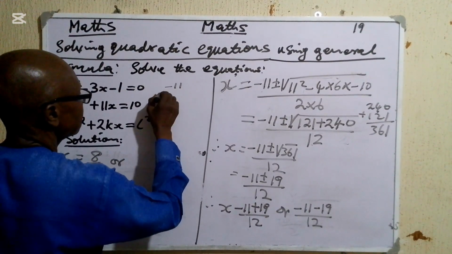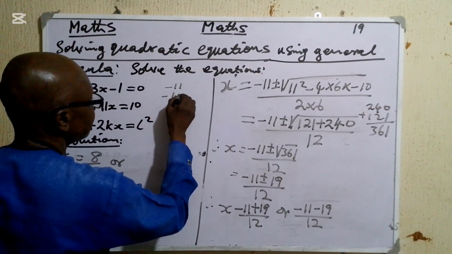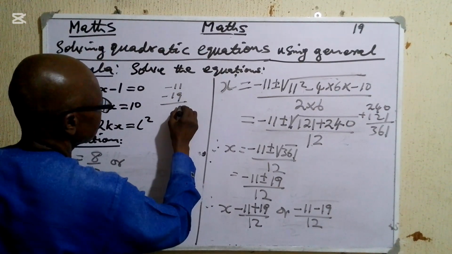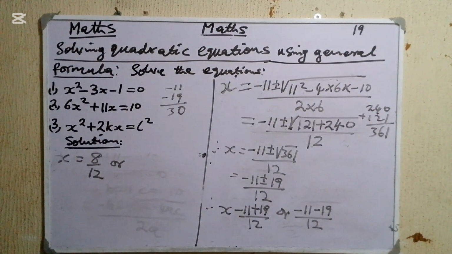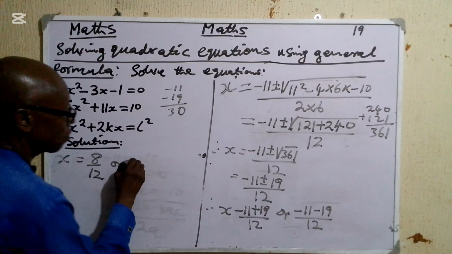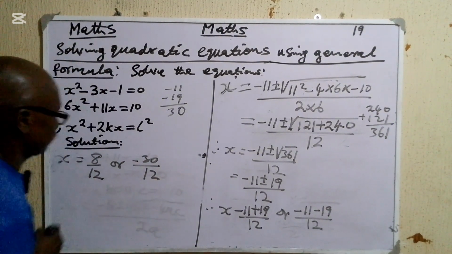Minus 11 minus 19 will give us minus 30. So that will give us minus 30 over 12.